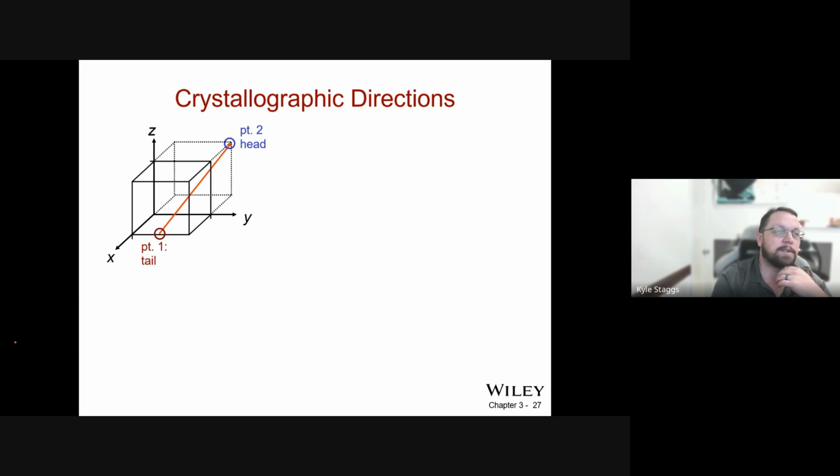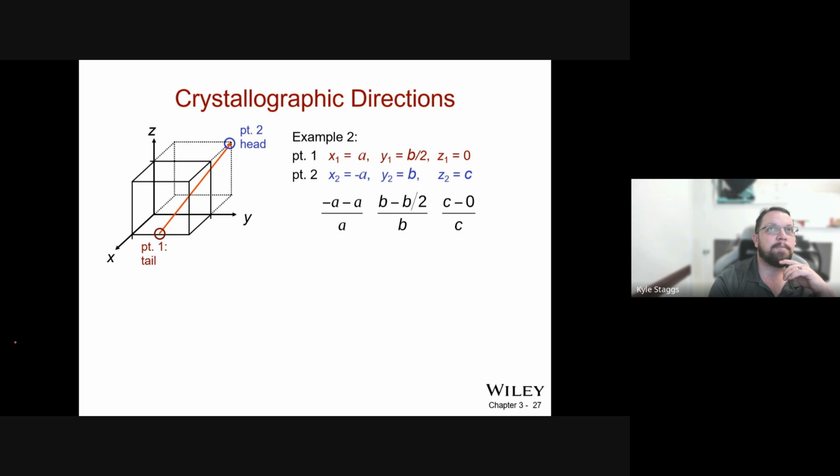So the tail starts here. X is at A, Y is at half of B, so Y is halfway, at the midpoint. Z is at 0 because it starts on the XY plane and goes up to C, all the way up to the full height of Z. We always represent that as A, B, and C just to keep things simple.